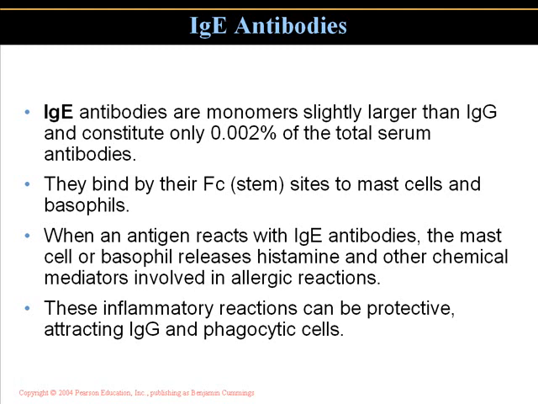When an antigen reacts with IgE antibodies, the mast cells or the basophils release histamines and other chemical mediators in the allergic reaction. It's important that you remember the relationship between IgE and this inflammatory response involving other cells such as the mast cells and the basophils. I'm almost sure that's a test question, because these chemical mediators in this inflammatory reaction dictate the inflammatory response.